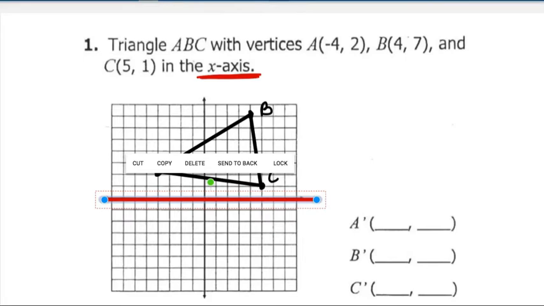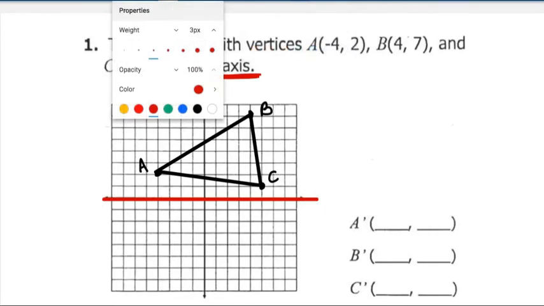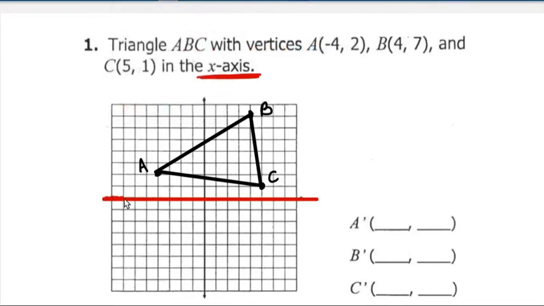I'll actually make a line of reflection on my paper, or sometimes I'll do a little squiggly line so that I know what the line of reflection is. But make yourself physically draw this line so that as you're working through the problem, you can remember where your mirror is, or where your reflective line is.